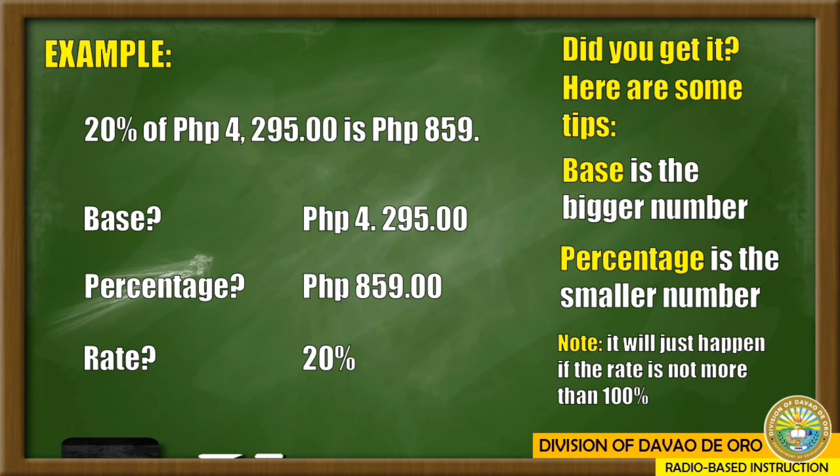So if it is not more than 100%, we will follow these tips. But if it is more than 100%, the base will be the smaller number while the percentage is the bigger number. It is on the opposite side. Understood? Very good.